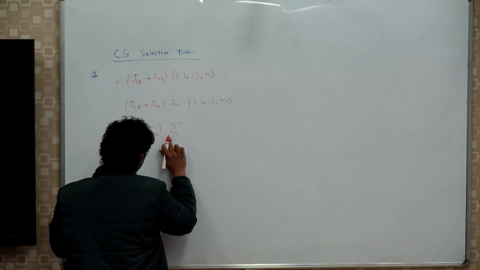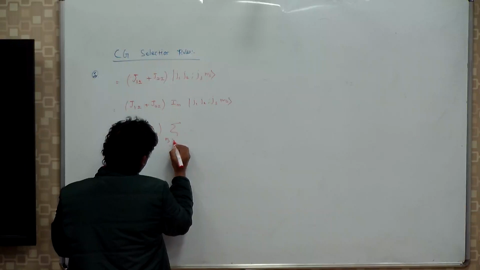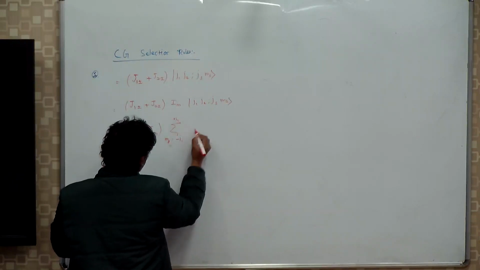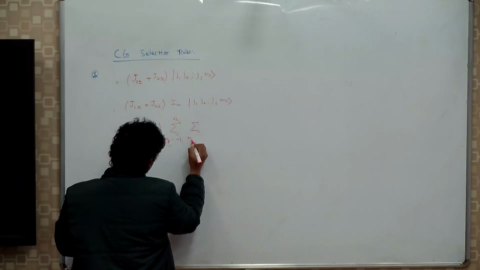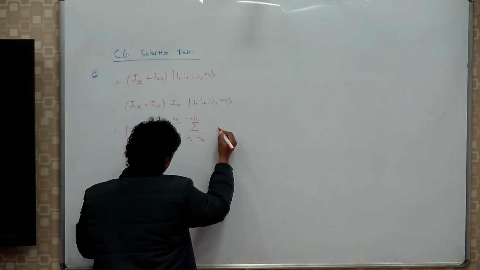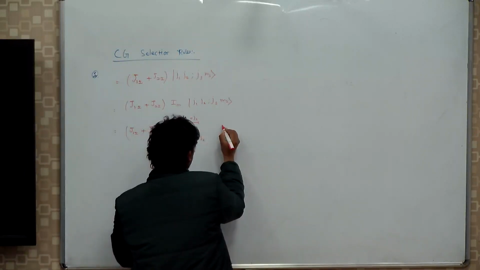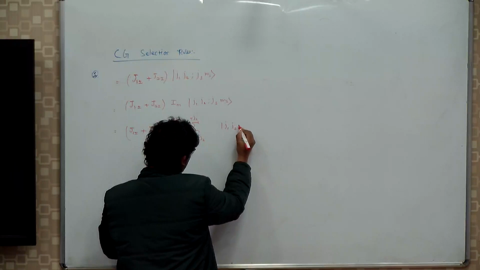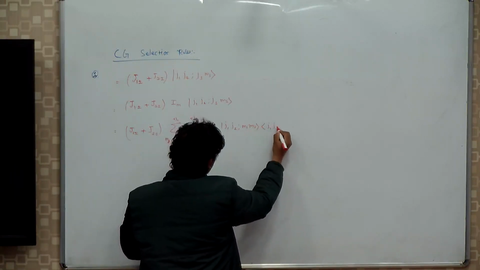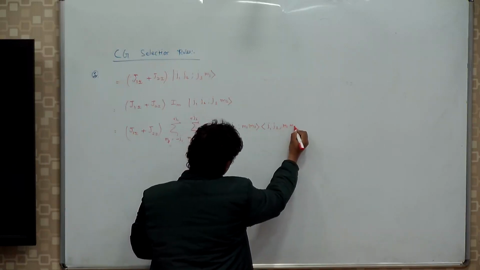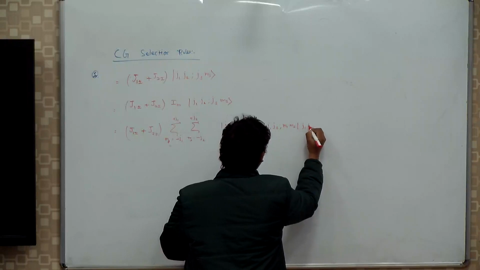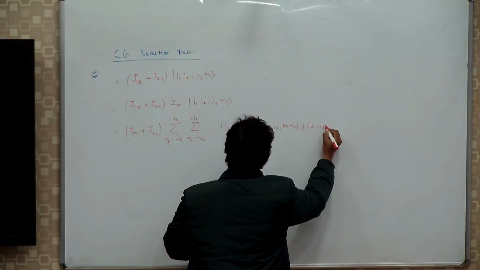So the uncoupled basis: sum over m1 equal to minus J1 to plus J1, then sum over m2 equal to minus J2 to plus J2, and this is an outer product, |J1 J2 m1 m2><J1 J2 m1 m2|. Then we continue with |J1 J2 J3 M3>.